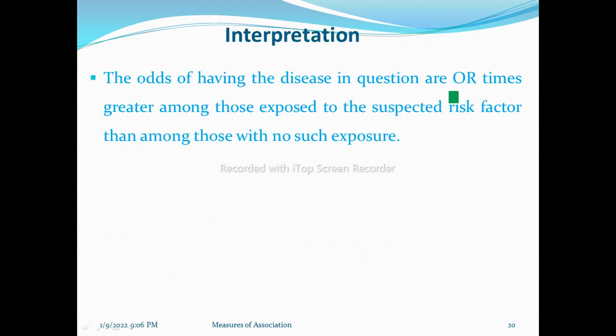So this is the odds of having bladder cancer are 1.03 times greater among those who used artificial sweeteners than among those without used artificial sweeteners.